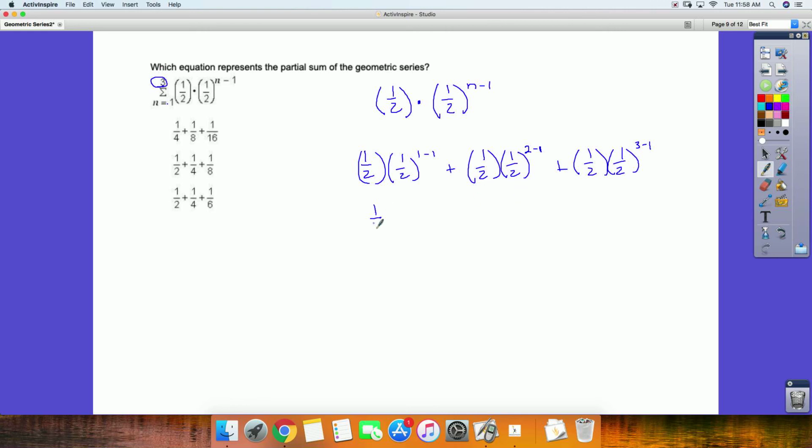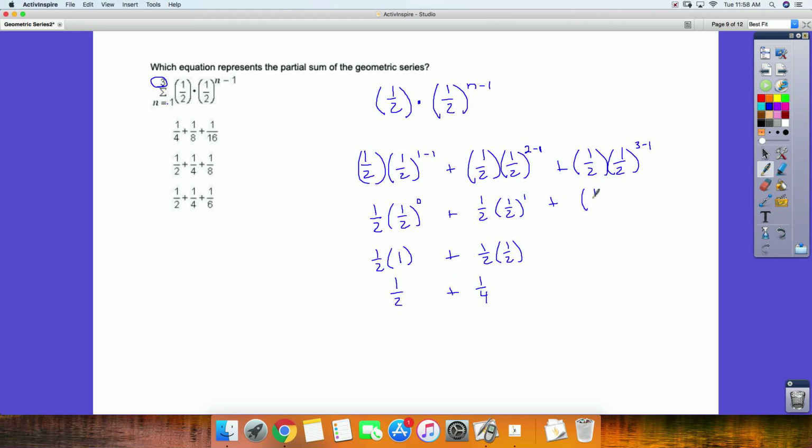So now if we simplify, that gives us 1/2 times 1/2 to the 0 power. Hopefully you remember that anything to the 0 power is 1. So that means that's 1/2. Now let's do the same for this one. 1/2 times 1/2, 2 minus 1 is 1. So that's 1/2 times 1/2. So that gives us 1/4.